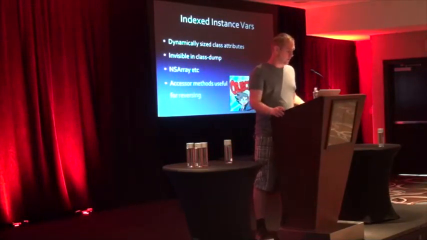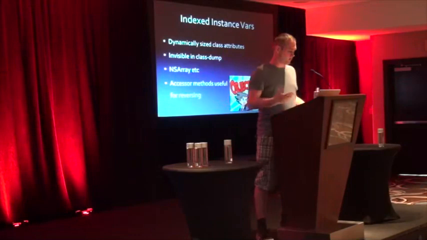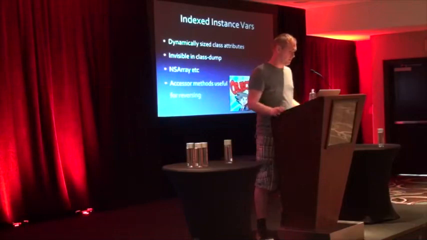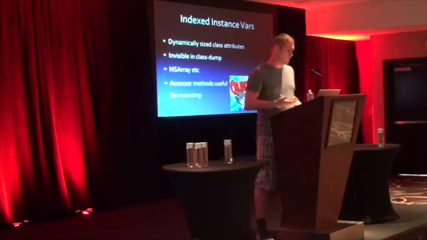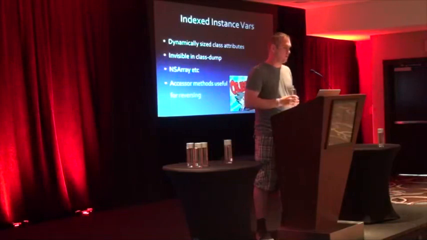It's pretty confusing. I hit an app recently where a developer was using indexed instance variables just to hide its private data, because a lot of people will just use class-dump and dump out all the meta information from an Objective-C binary and quickly see all the classes, right? So by misusing these indexed instance variables, they can hide their private variables.